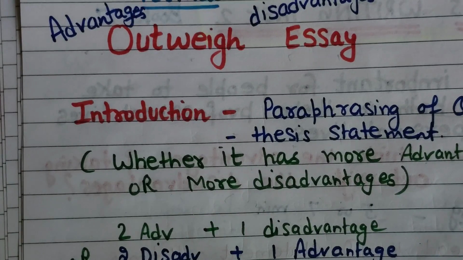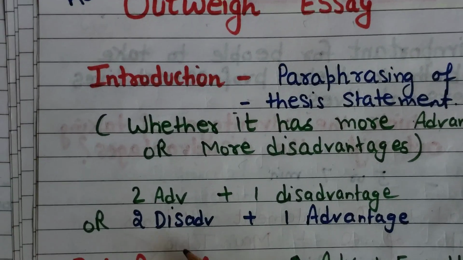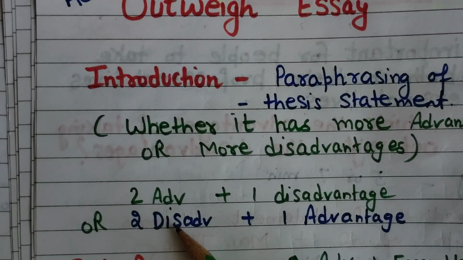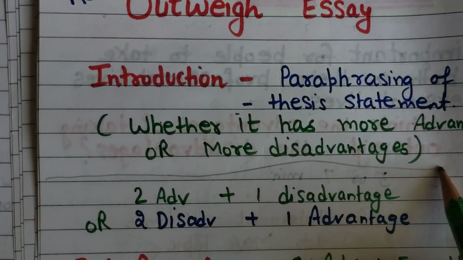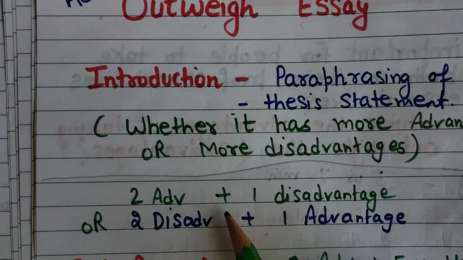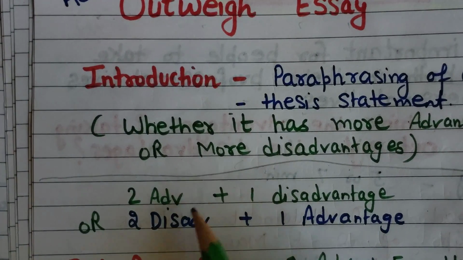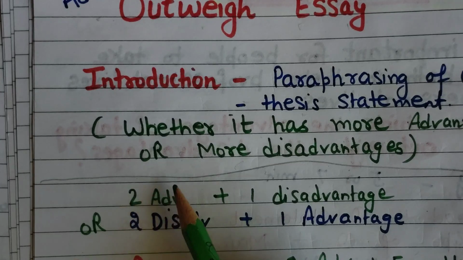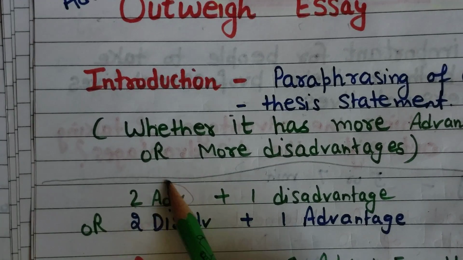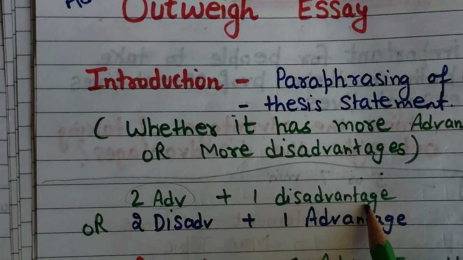Now, what is the important point I want to tell here? Because as you know, this is an outweigh question, this is not simply giving advantages and disadvantages. If you agree with the statement, then you will be writing two advantages and one disadvantage.